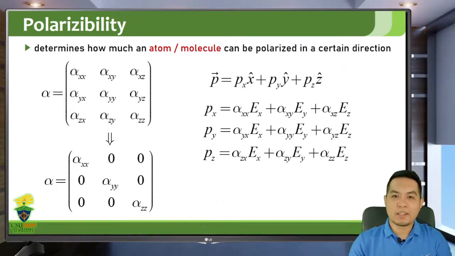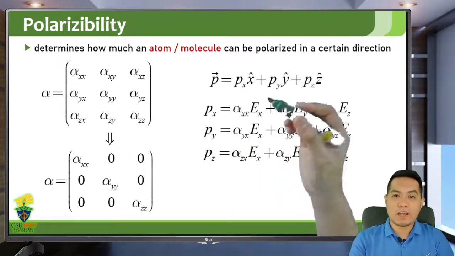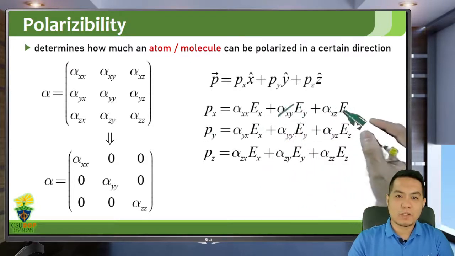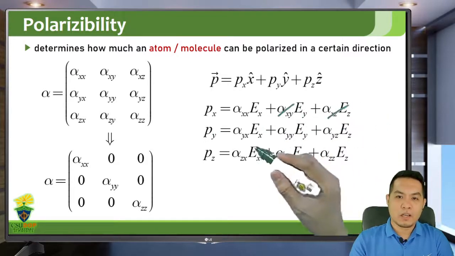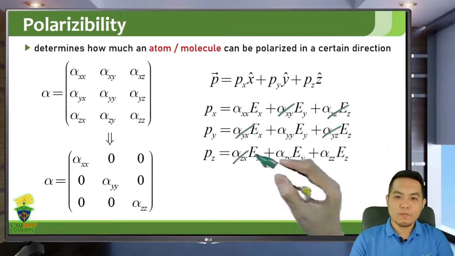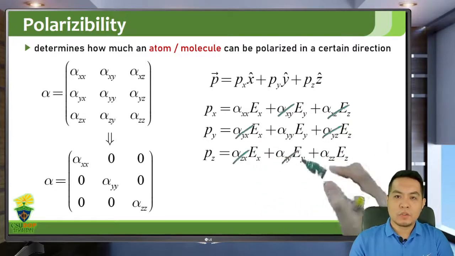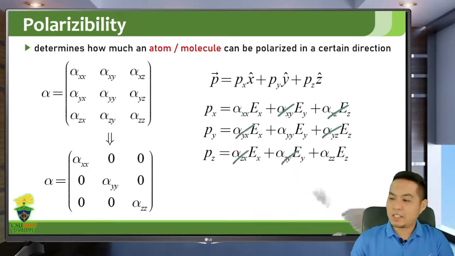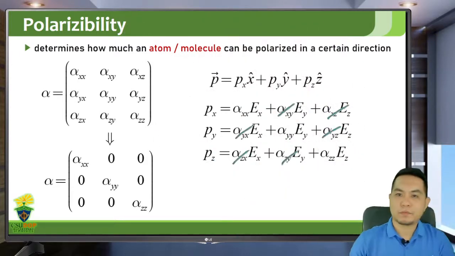Now, in the event that you have diagonalized your polarizability tensors, then these terms here will be gone, and you're only left with the alpha x, alpha y, and alpha z components. You only have 3 components.